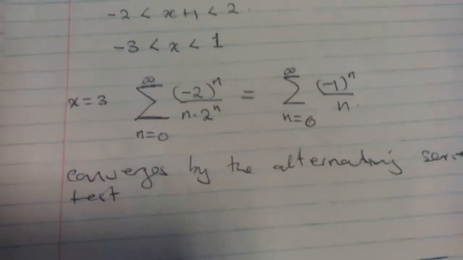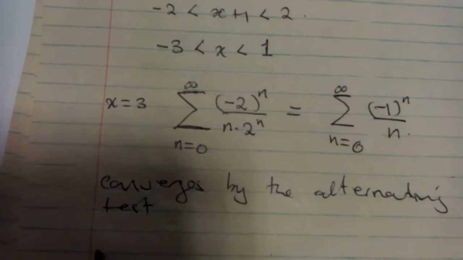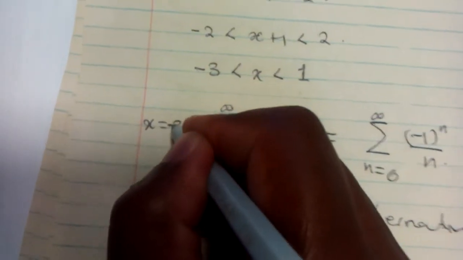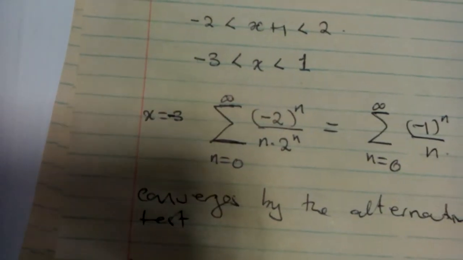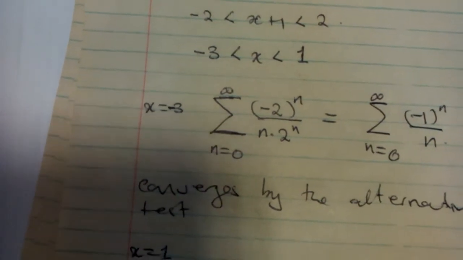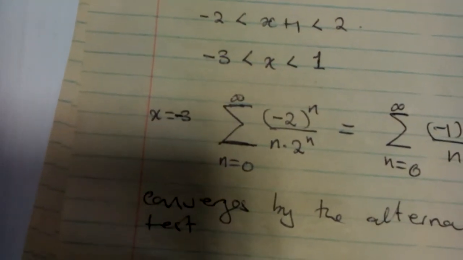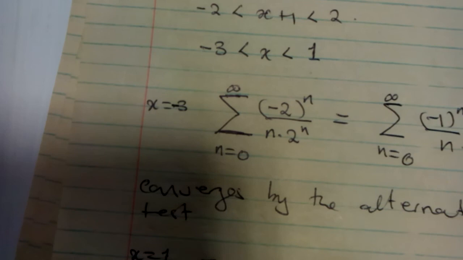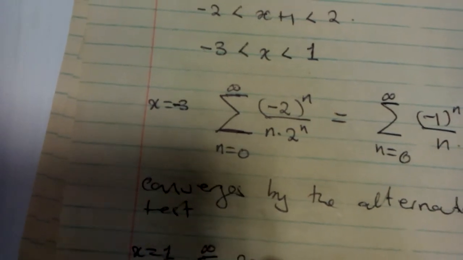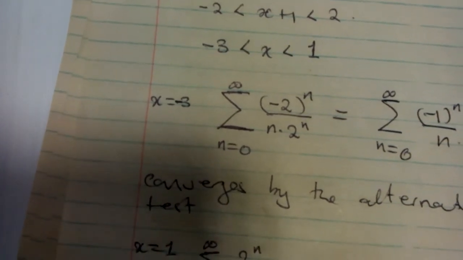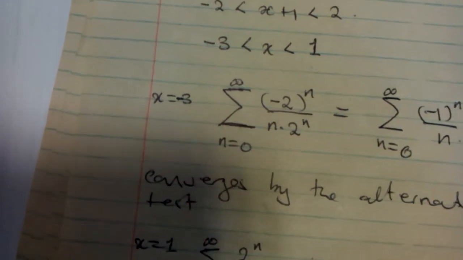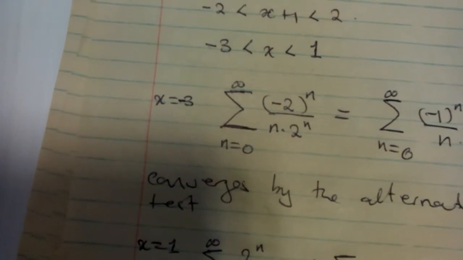This will converge by the alternating series test. And when x is equal to 1, I end up with the sum from n equal to 0 up to infinity of 2 to the n over n times 2 to the n.